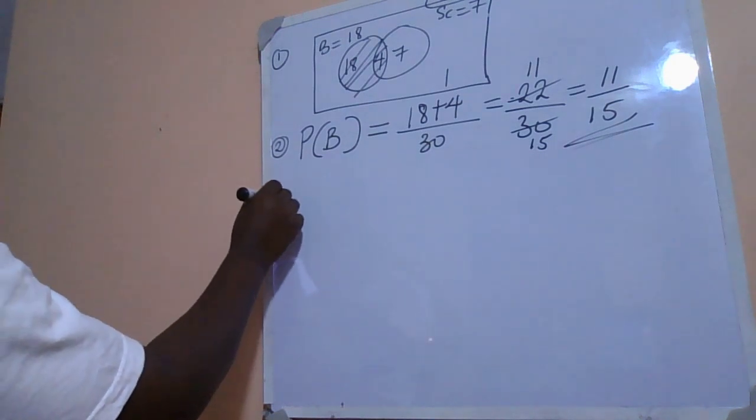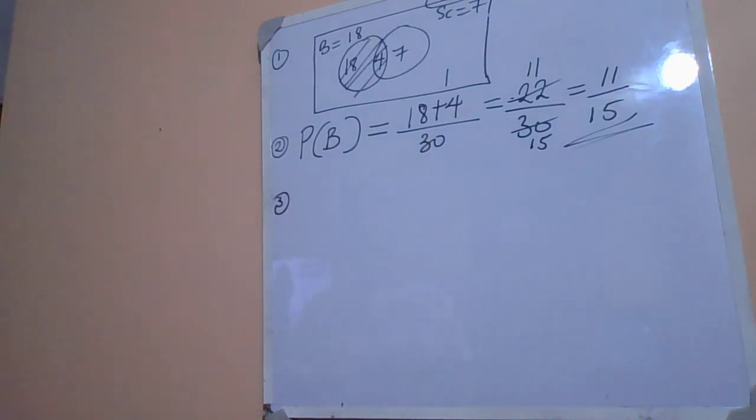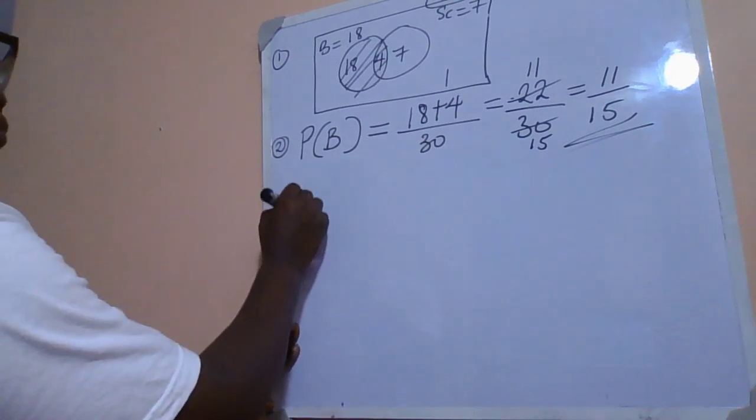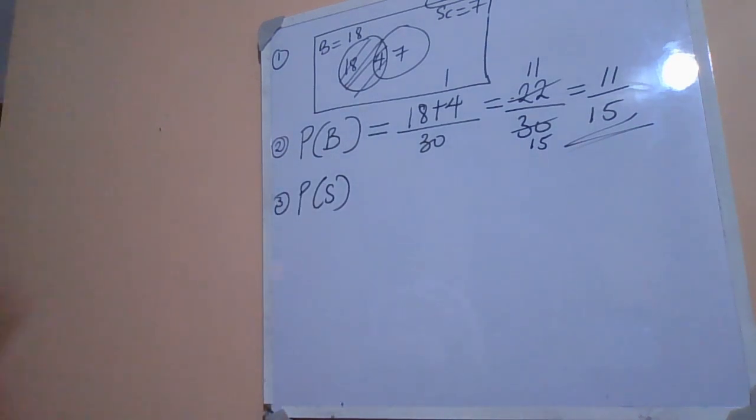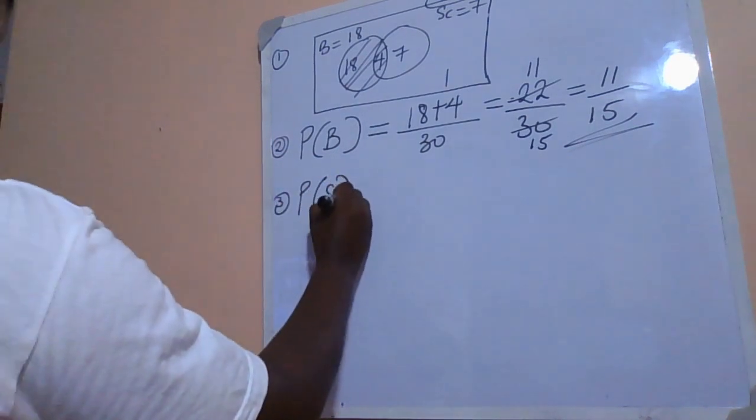Now, the third question says we should also determine the probability that a learner selected at random takes science as a subject. So we have the probability of a learner selected at random takes science as a subject.